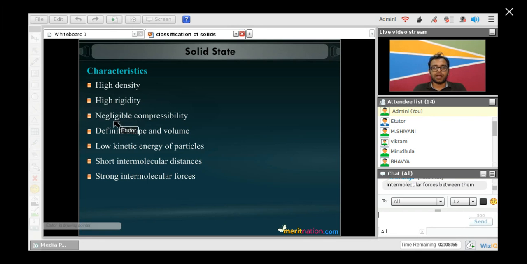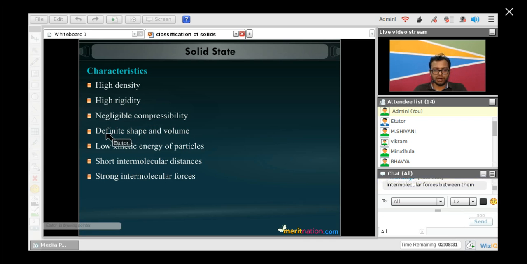And it has negligible compressibility. So if you want to compress a solid by applying some amount of force, you won't be able to compress it, because there is very little intermolecular space remaining after the packing of solid molecules, or atoms in case of elements.